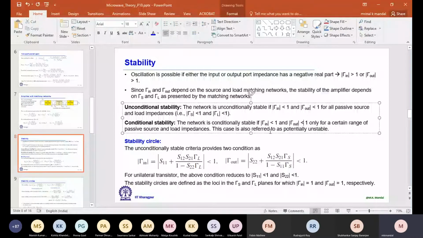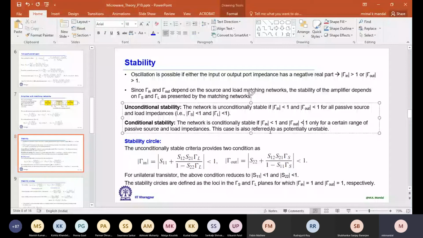Now, we can refer to the Smith chart, because we learned the plots of gamma S and gamma L in the Smith chart, and for any impedance or gamma calculation, if we utilize the Smith chart concept, it becomes much easier for hand calculation as well as using MATLAB or some software.